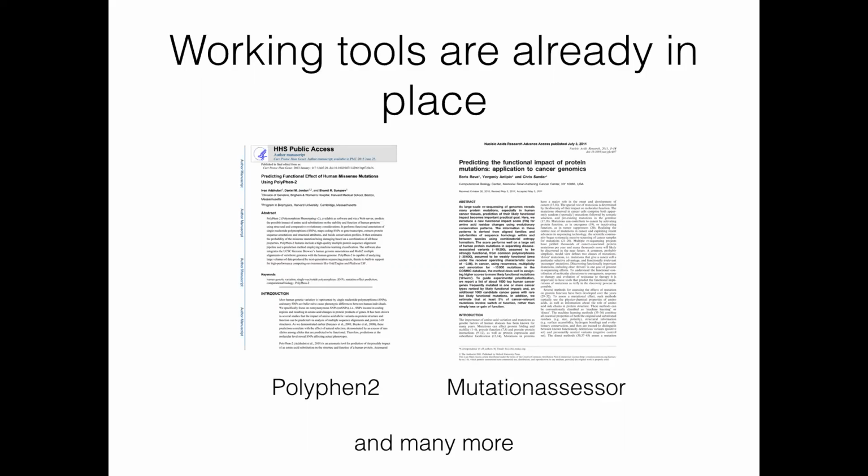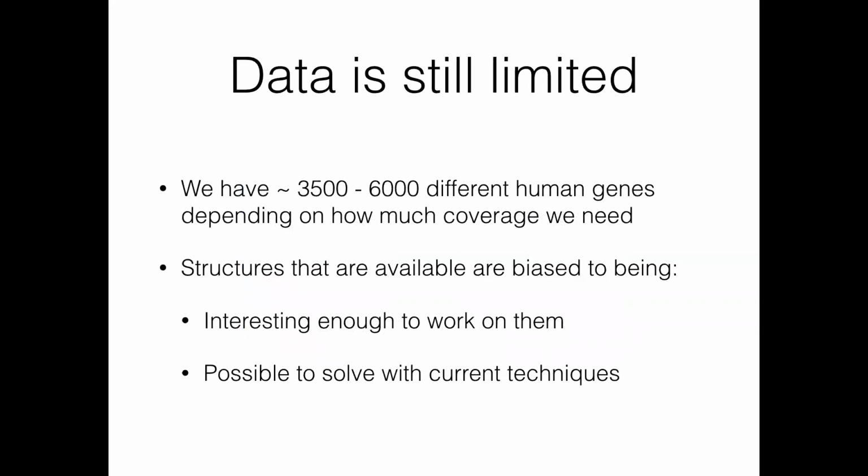When we use proteins, we are somehow limited by the data that's available, because we have information about 20,000 protein coding genes roughly, but how many of them do we actually know the structure of? Depending on how much coverage you want on these protein structures, you will have between 3,500 and maybe 6,000 different genes covered.